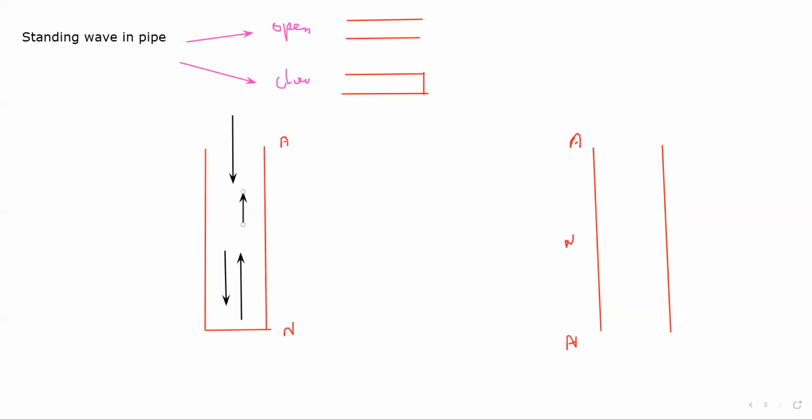So when we draw the pattern for this standing wave, because always at the open end it is antinode and at the closed end it is node, when we draw this pattern, it can be like this.